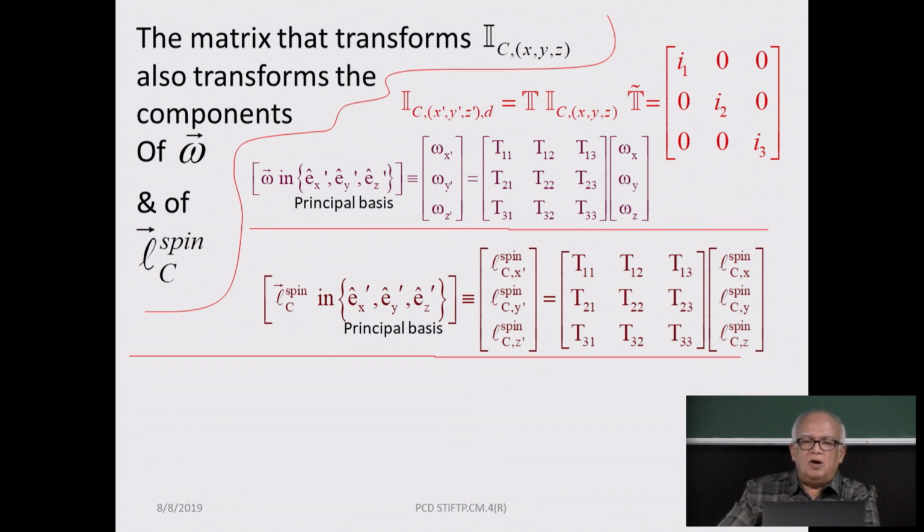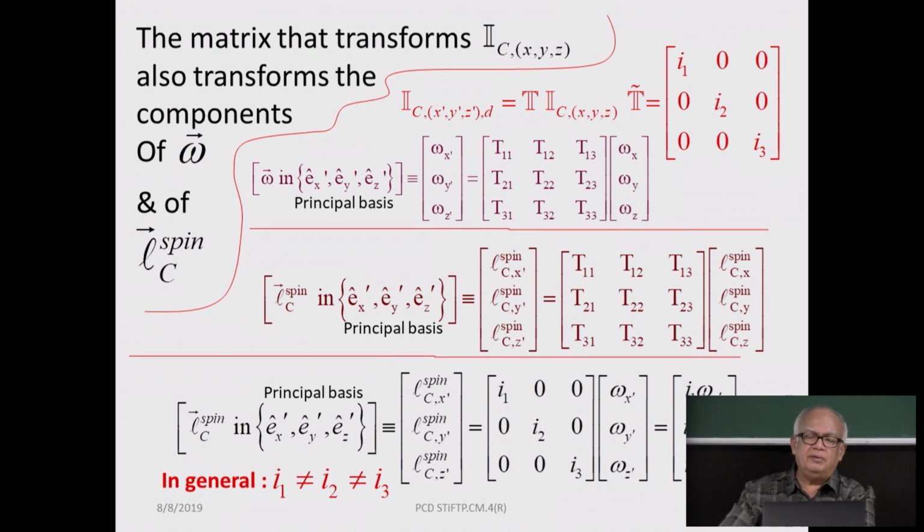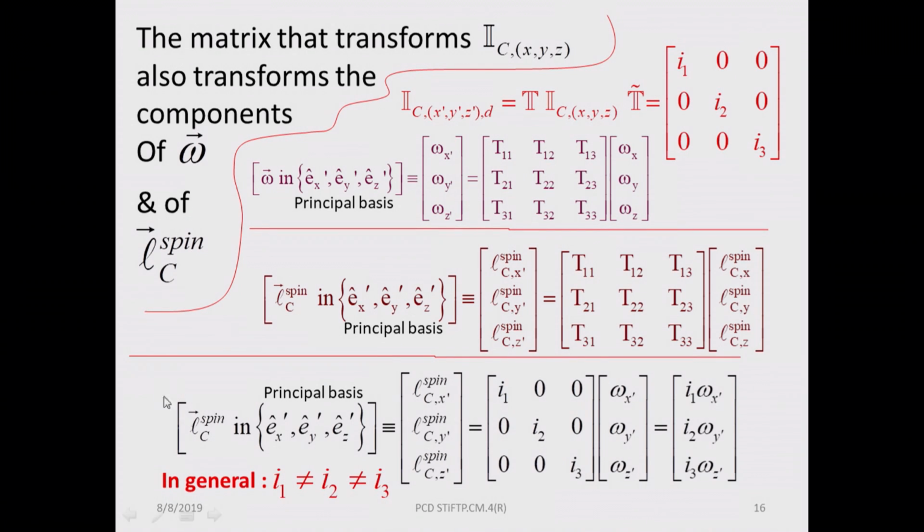So you have the components of the angular velocity in the eigenbasis, in the rotated basis. You have the components of the angular momentum in the rotated basis, which is the principal basis or the eigenbasis that you may call it. And then these angular momentum components in the basis x prime, y prime, z prime will be given by this, and it still doesn't guarantee that angular momentum will be parallel to the angular velocity.